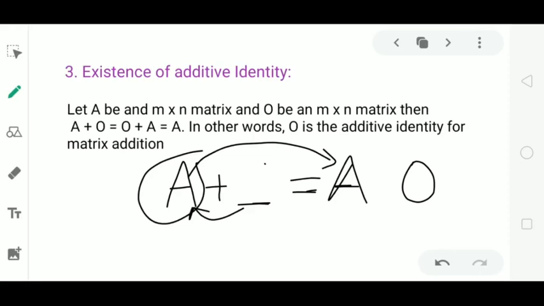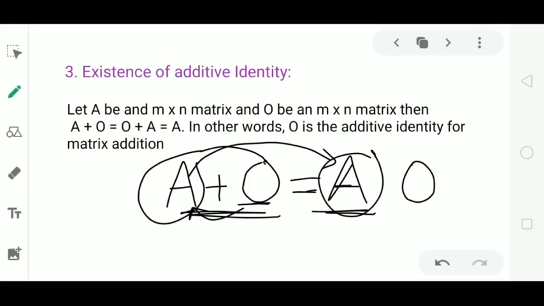So if I add a given matrix A to matrix O, then the sum of A and O is nothing but addition of elements of A to the corresponding elements of O. As the 0 matrix contains all elements 0, on adding elements of A to 0, we get elements of A itself, that is matrix A itself.